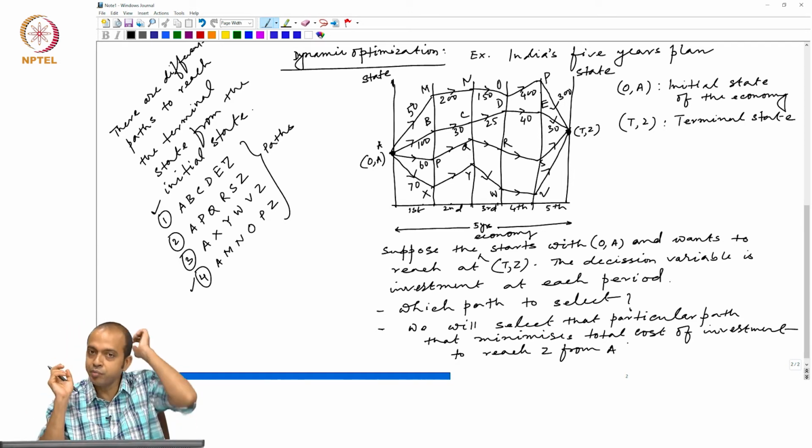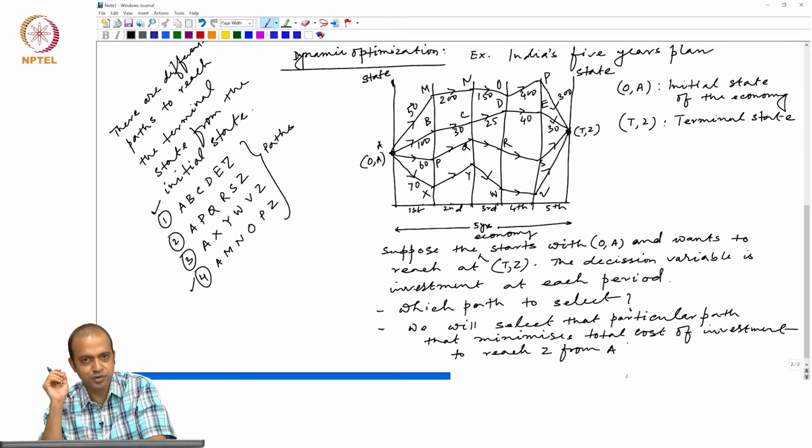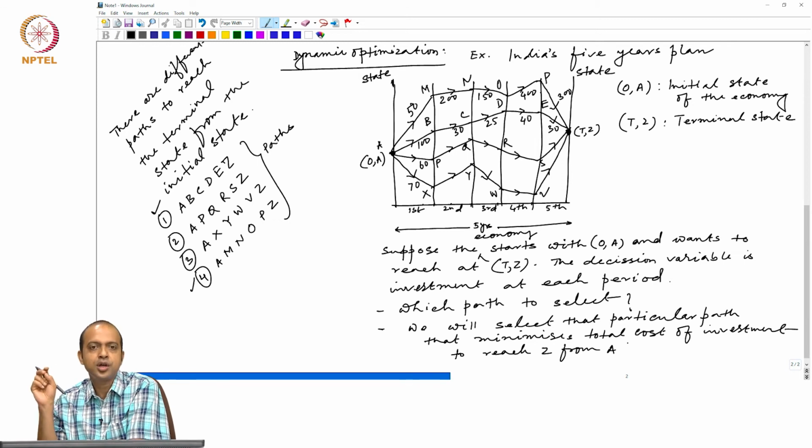This is the idea of dynamic optimization. So, at each period we need to select optimum investment, so that at the end of the day when we reach TZ, that means the economy achieves Z amount of capital stock, my total cost of investment is minimum. I am not guided by a myopic vision.